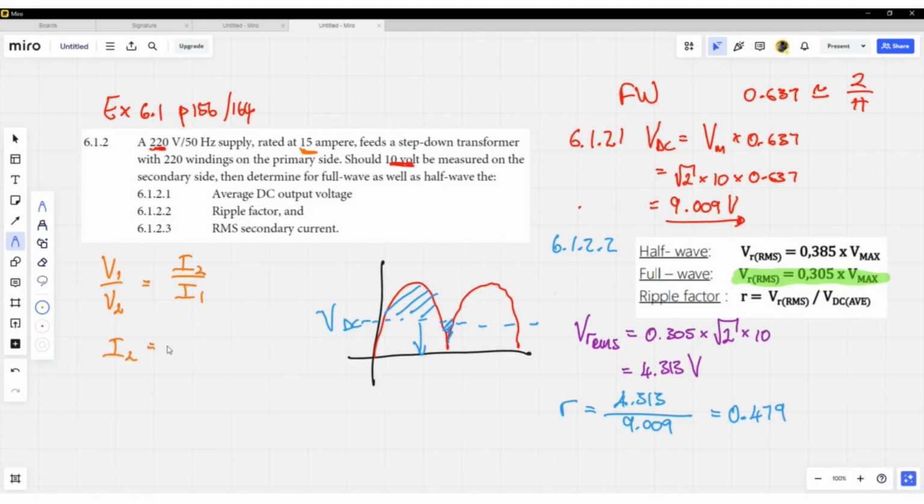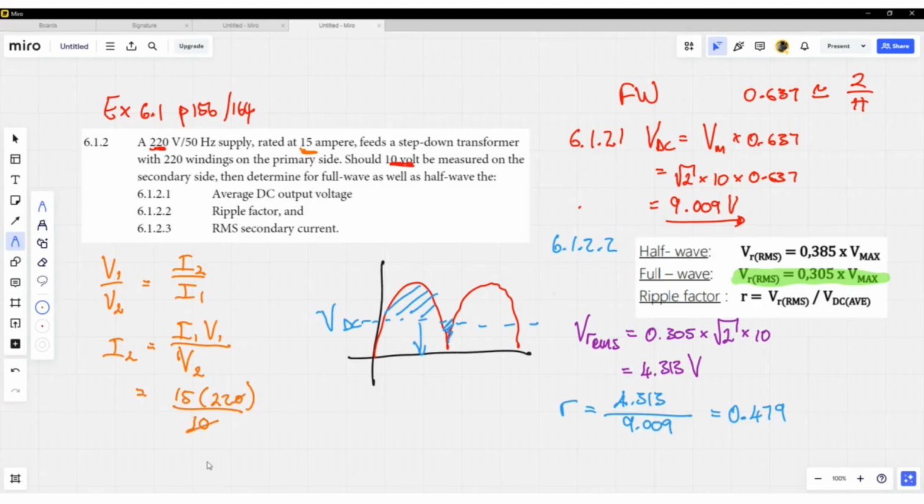I2 is then going to be, and we're going to use the RMS values here, I1 times V1 over V2. That's 15 amps multiplied by 220 divided by 10.